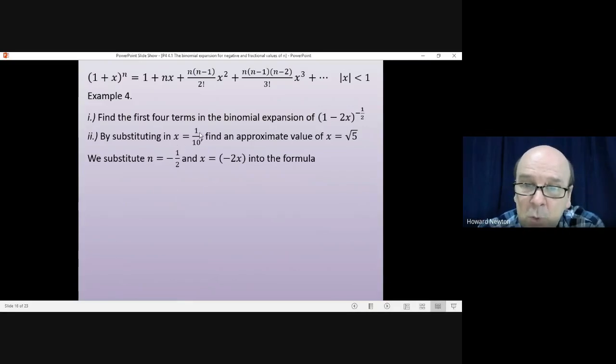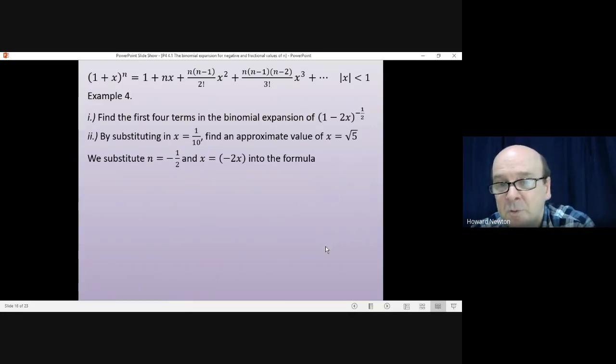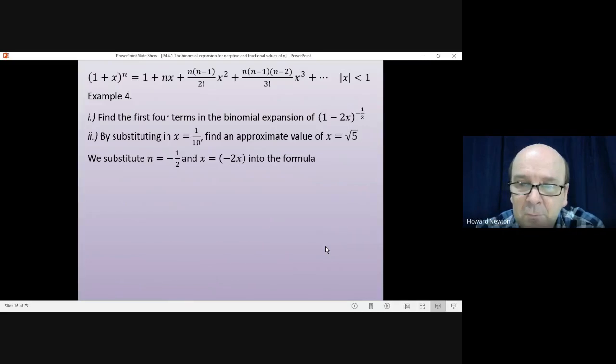Substitute in x equals 1/10 or 0.1 into your answer and keep simplifying things until you get to something like root 5 equals. And at that point, you'll have an approximate value for root 5. Okay, I'll let you have a go at seeing if you can make sense of that. So pause the video, have a go, and come back to me when you're ready.